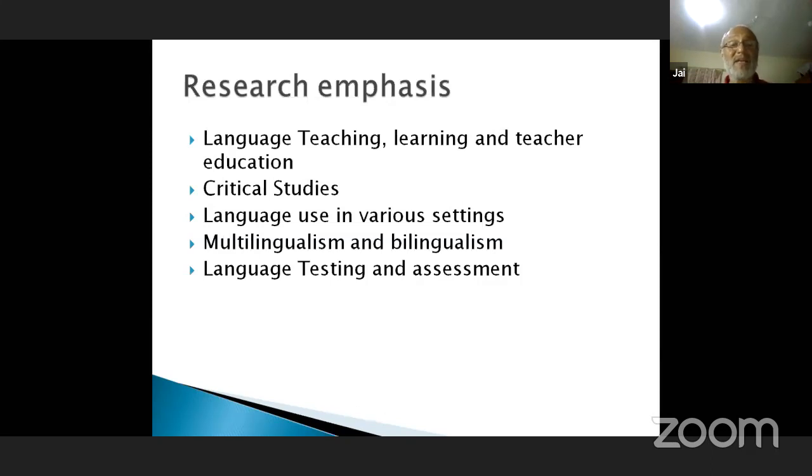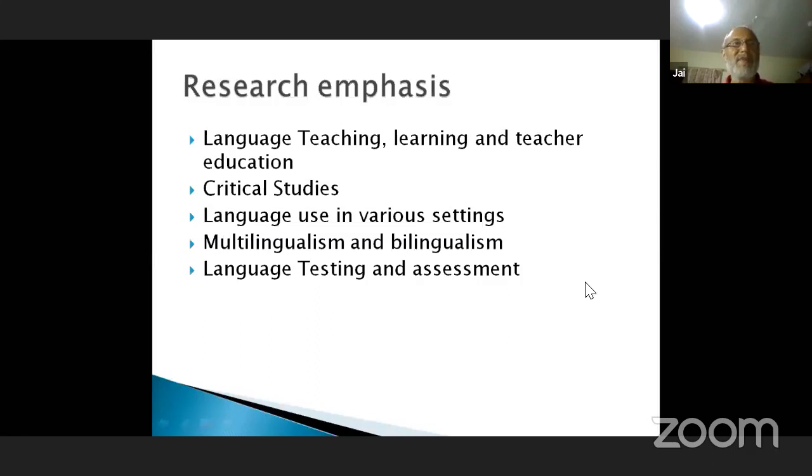Therefore, critical studies have overshadowed almost all the disciplines. Now you can see critical applied linguistics, critical sociolinguistics, critical psycholinguistics. You can see this criticality overshadowing all the disciplines, in anthropology, sociology, and other areas also.